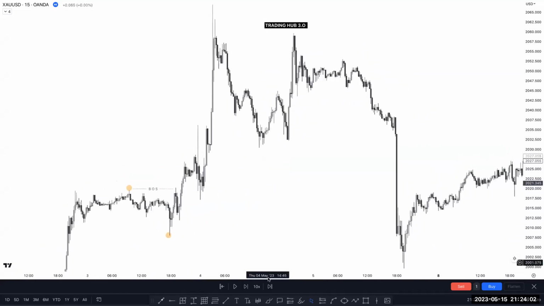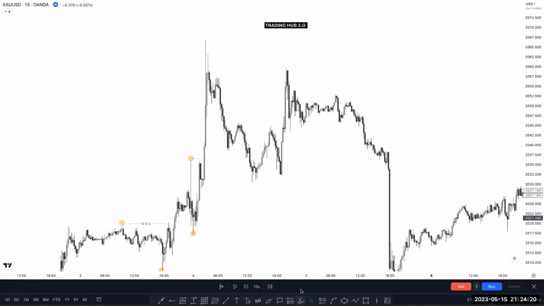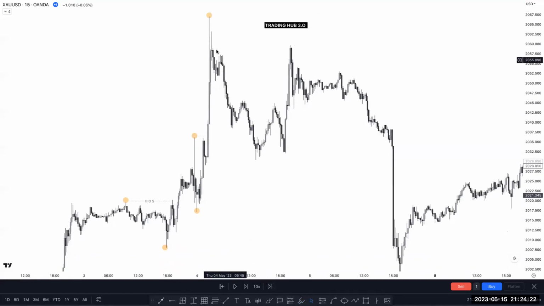You can trade here based on the liquidity sweep. Again, it continues going higher, creating a higher high, higher low, and breaks the structure here. Again it pushes upside and creates a new higher high here. But in this case, there is no inducement.